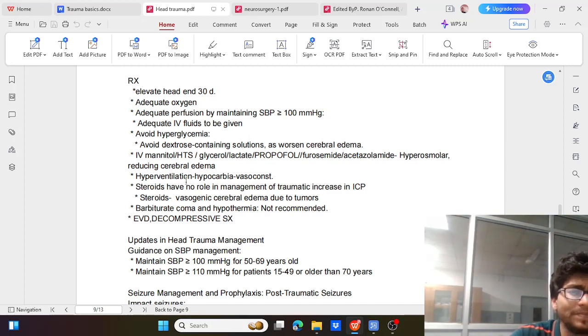Then coming to hyperventilation. Hyperventilation will cause hypocarbia and it will cause vasoconstriction. So vasoconstriction will decrease the symptoms and decrease further bleeding.